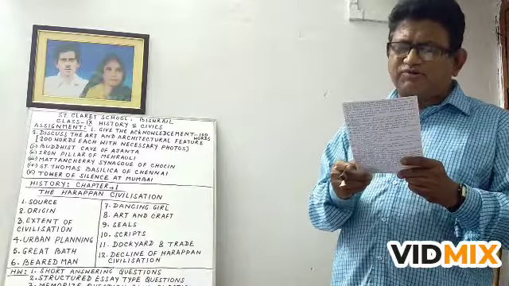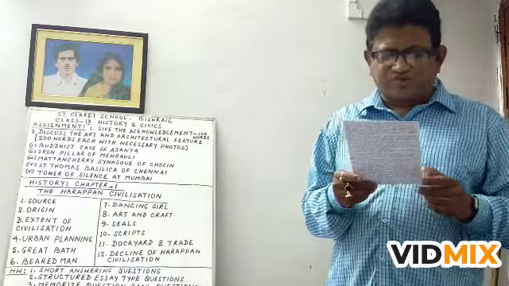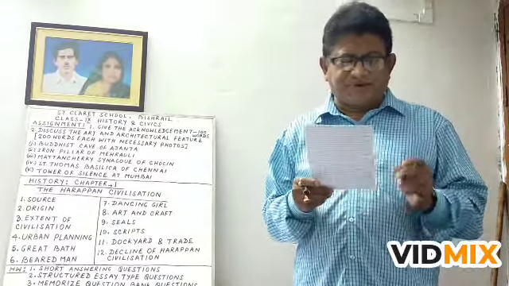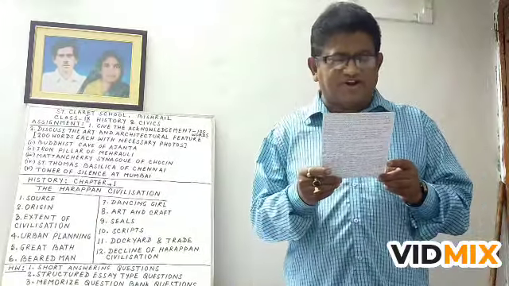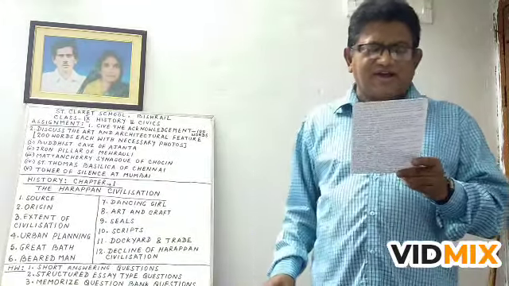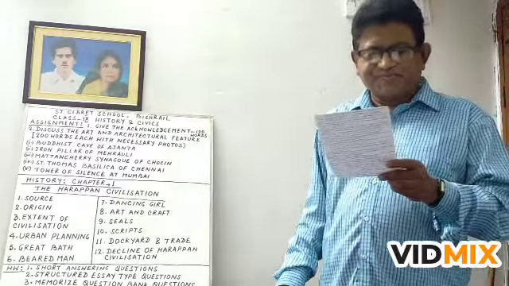Seals help us to know about religion, culture, education, social life and administration. I repeat it once again: seals help us to know about religion, culture, education, social life and administration.